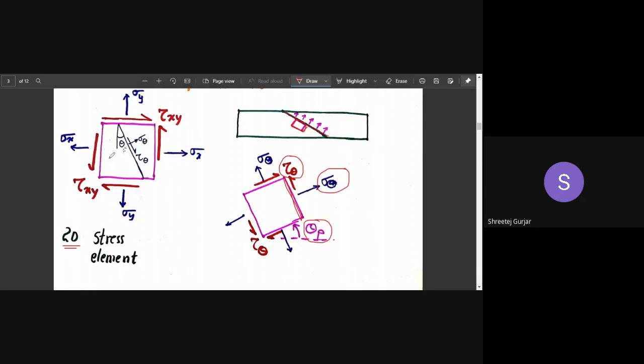So this might also be the case, or you can use this case, any case. This is not theta p, this is theta, the angle by which we have rotated. If you have rotated it by the same axis, you can find by trigonometry that this theta and this theta are the same.